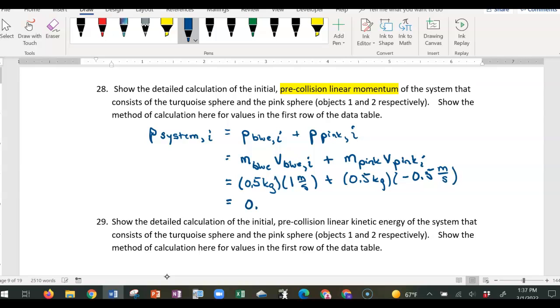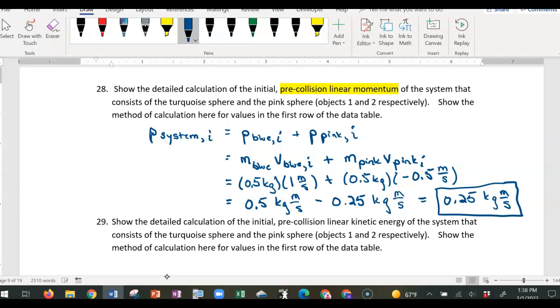So this is 0.5 kilogram meter per second, and this is, oh, it's a negative. Let me change that to a negative. It's a -0.25 kilogram meters per second, and so when I add those up, I get a total system linear momentum before the collision of 0.25 kilogram meter per second.